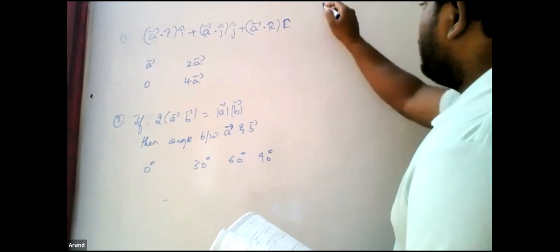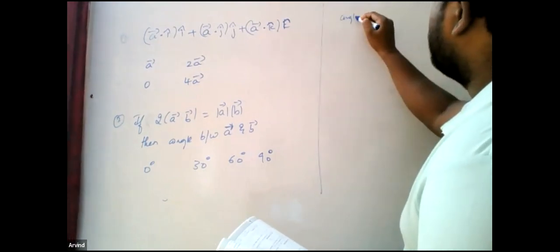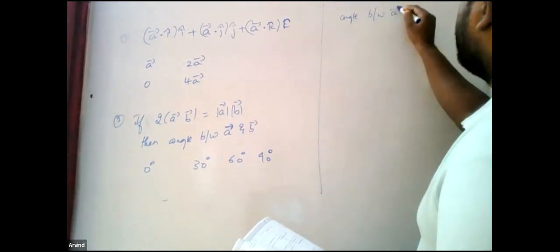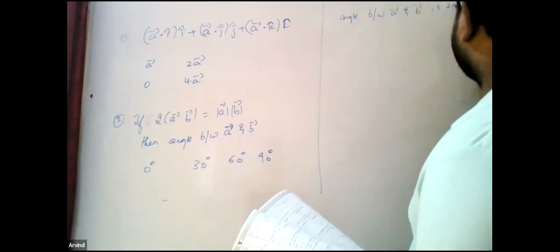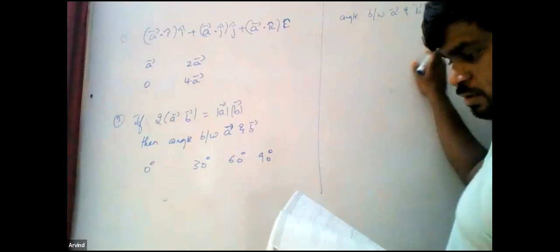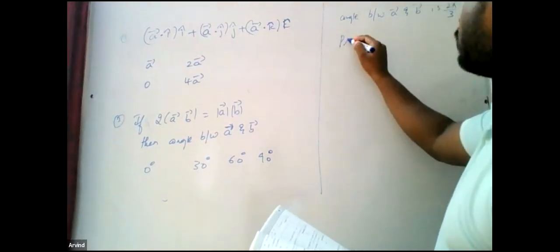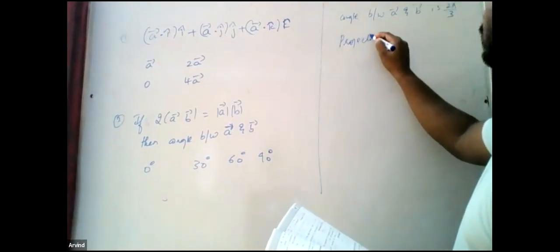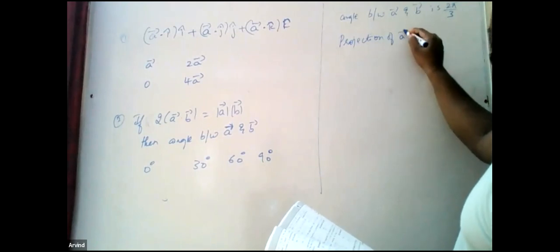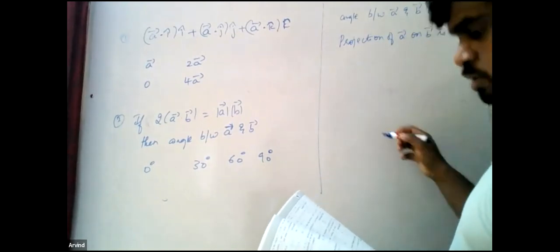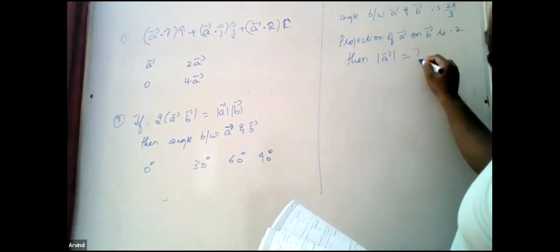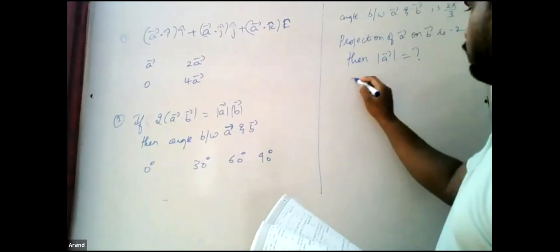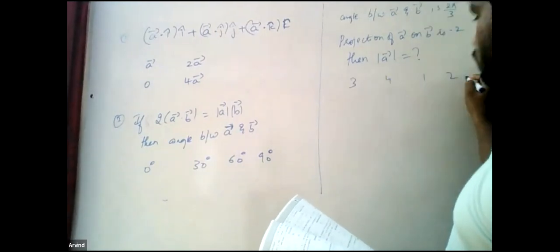The angle between A and B is 2 pi by 3. Projection of A on B is -2. Then what is mod A equal to? 3, 4, 1, 2. These are the options.